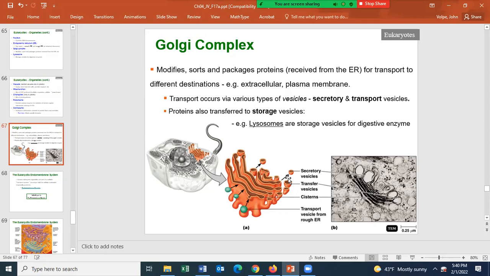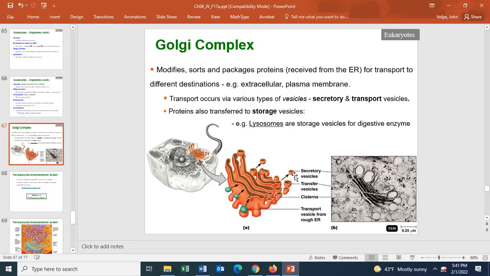So inside these vesicles coming out of the Golgi apparatus will be the finely modified proteins. And then the vesicles will move them from one area of the cell to another. Any question about any of that?